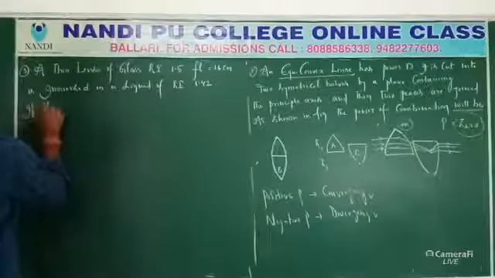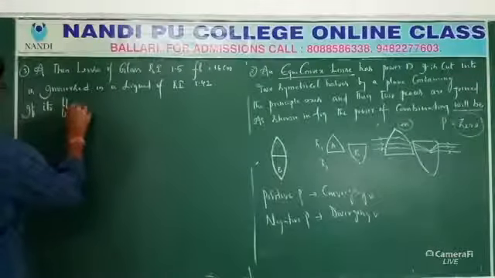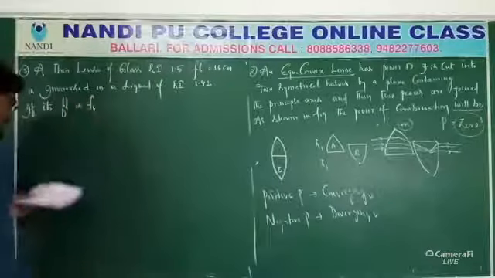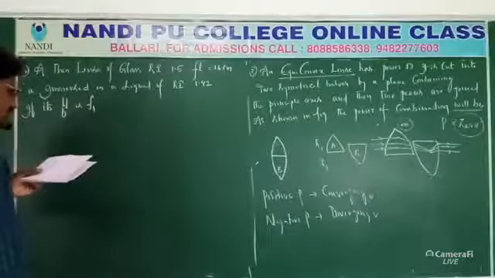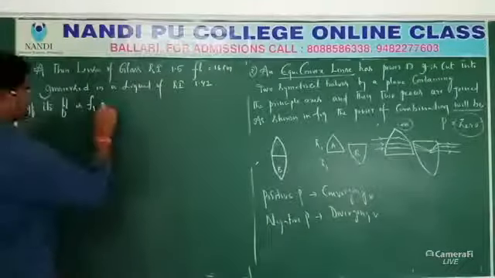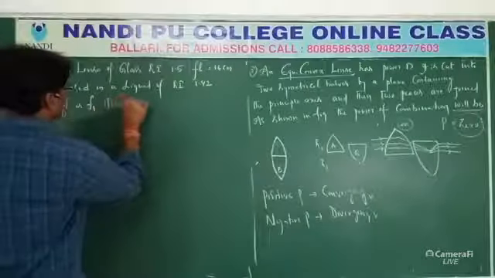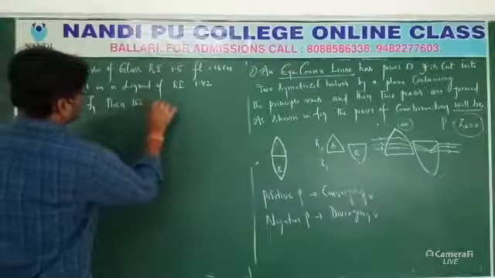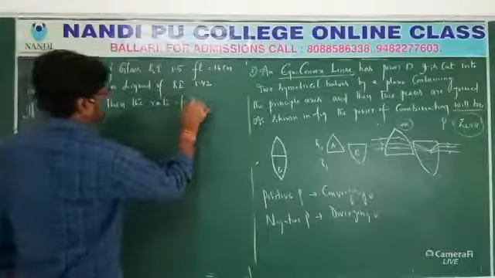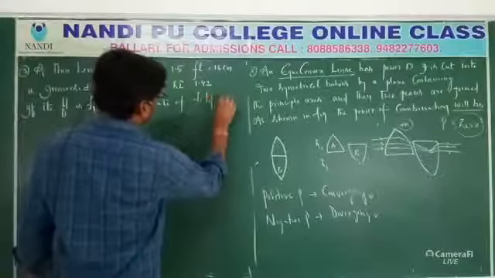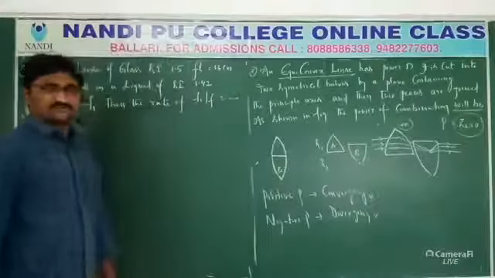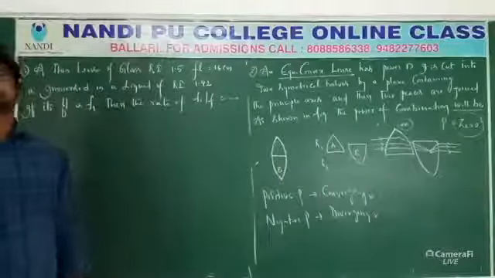If its focal length is f1, then the ratio f1 by f is equal to, finally, approximately.